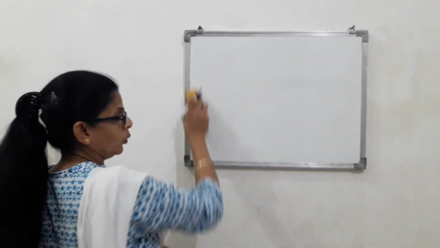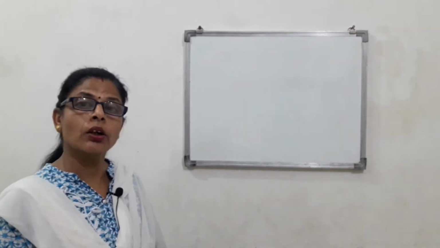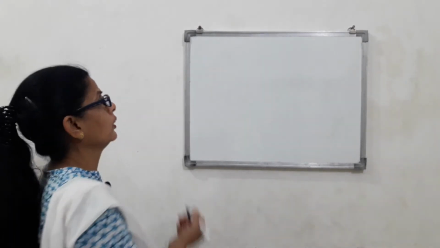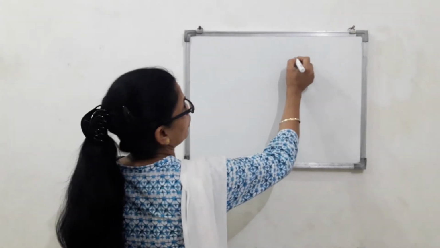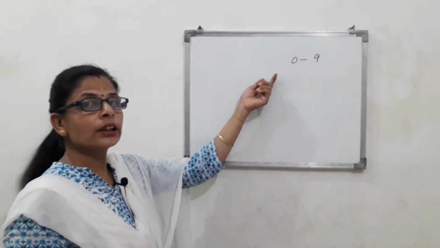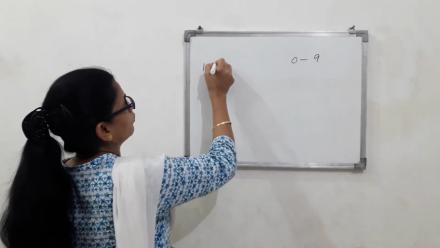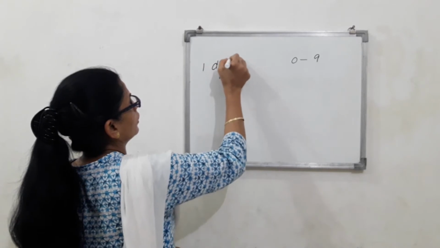Now all of you know what 1-digit numbers are. The numbers from 0 to 9 are called 1-digit numbers because they have only 1 digit.